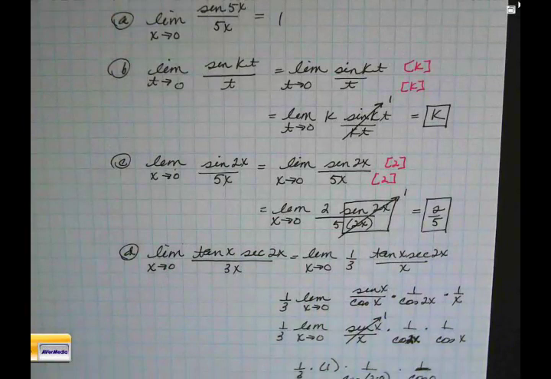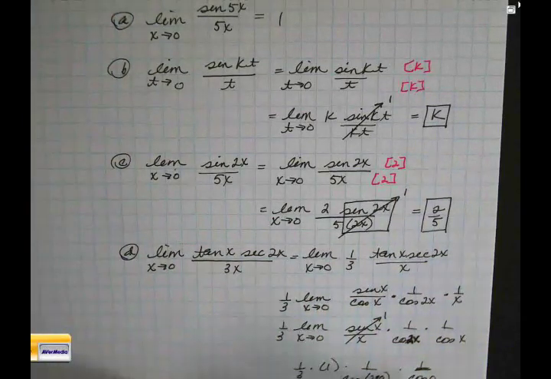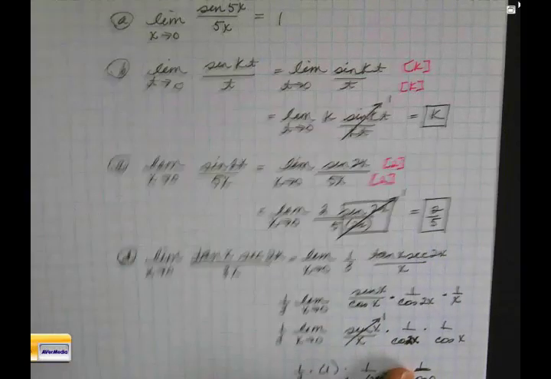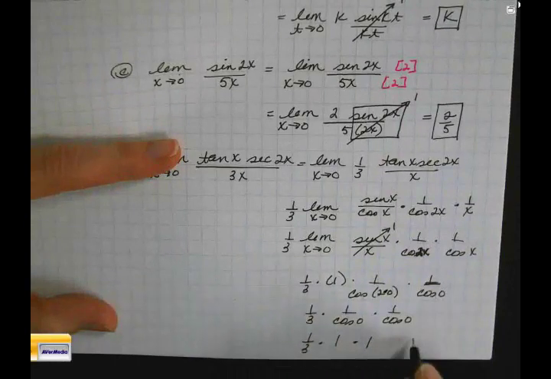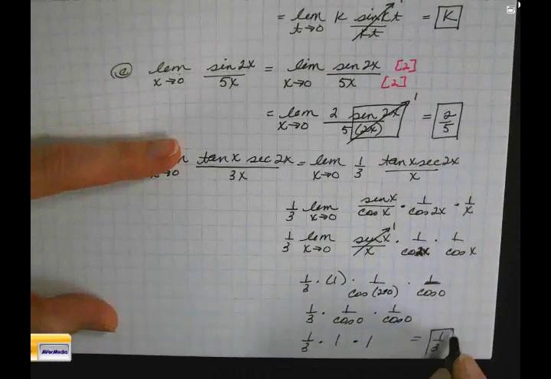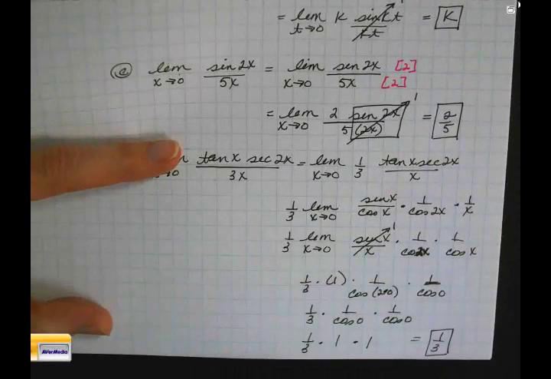No longer a limit because I'm actually going to plug in 0. Well, cosine of 0 is just 1. So this is 1/3 times 1 times 1, which is 1/3.